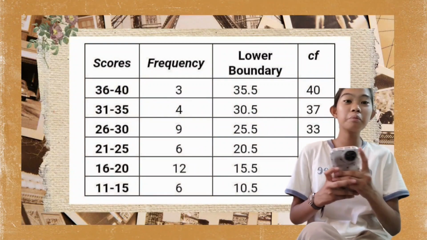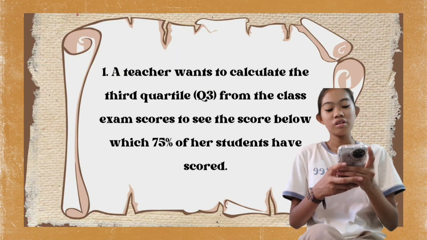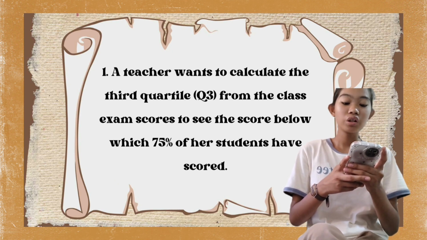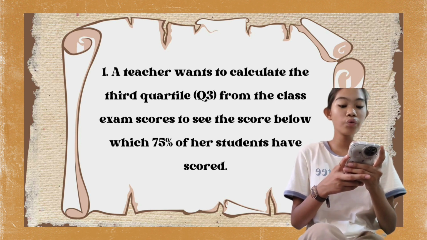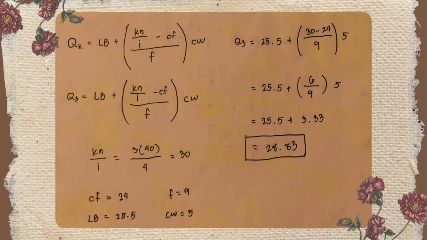If you can see the table in there, that is our given. The first question is, a teacher wants to calculate the third quartile, or the Q3, from the class exam scores to see the score below which 75% of her students have scored. First problem, we are going to use the formula Qk equals LB plus (Kn over I minus CF) over frequency, multiplied by CW.